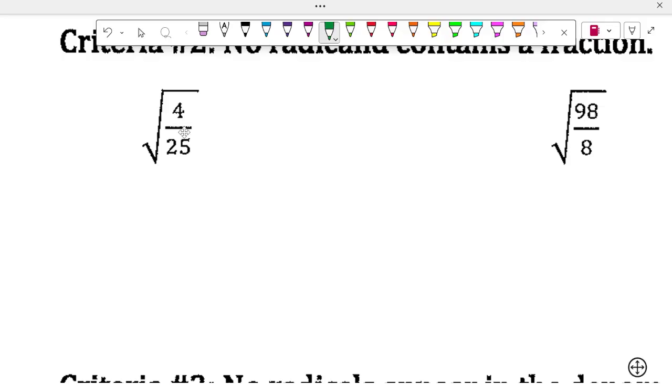So if we have 4 over 25 under the radical, we can separate it to be the square root of 4 over the square root of 25. And then we can simplify. What's the square root of 4? 2. Square root of 25? 5. Your answer is 2/5.